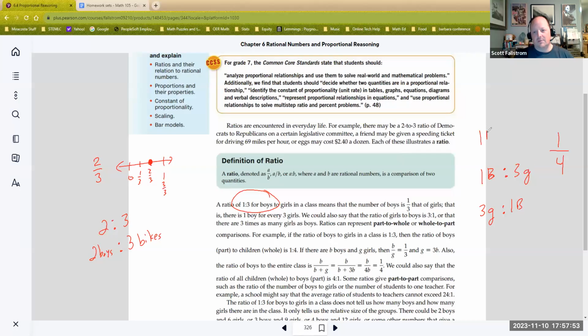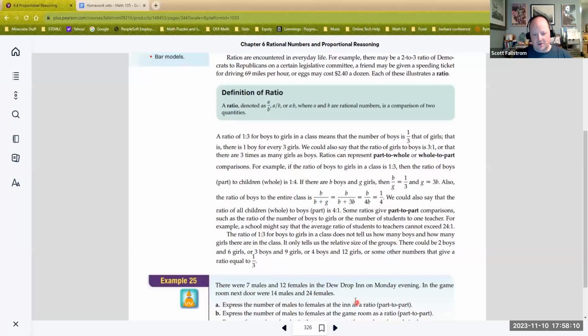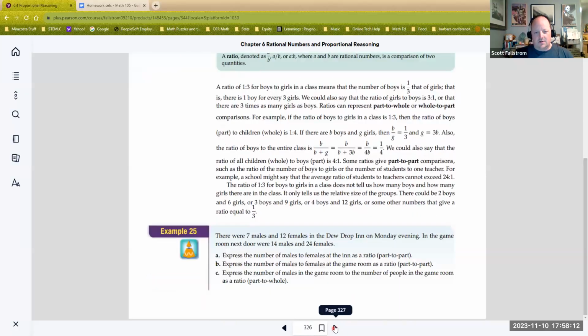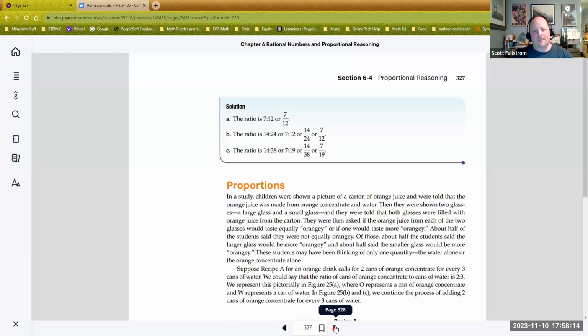The ratio would be 1 boy to every 4 total. And that piece is what we kind of represent fractionally. So keep in mind, you got to be paying attention to the wording as we look at ratios. All right, let's continue on.